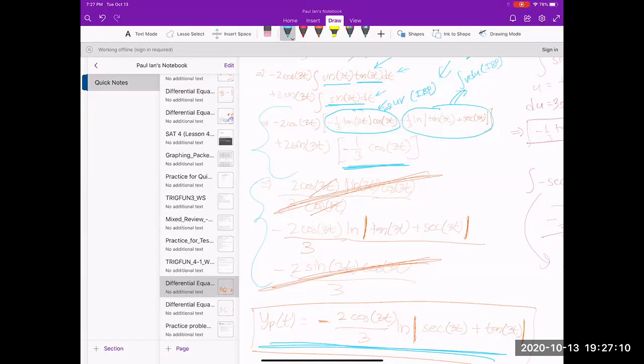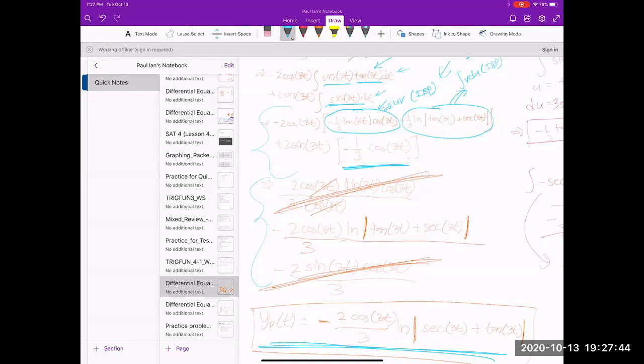Let me see. The one with the tan and cosine 3t. If you change the tan to sine over cosine and multiply it by the minus 2 cosine 3t, that whole thing should cancel with the plus 2 sine 3t over 3 times cosine 3t. Plus the sine 3t times the integral of cosine 3t times sine 3t over cosine 3t.